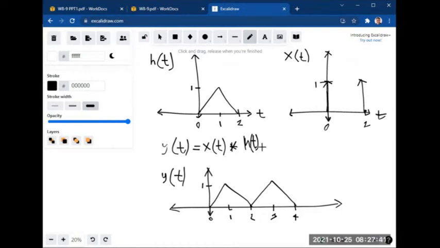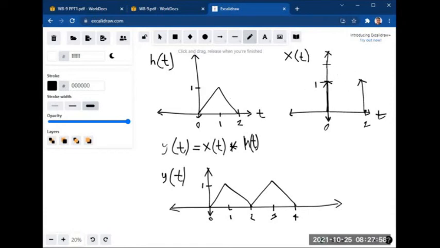So we can say that the convolution is the combination, or rather, the multiplication of our input signal and our impulse response.